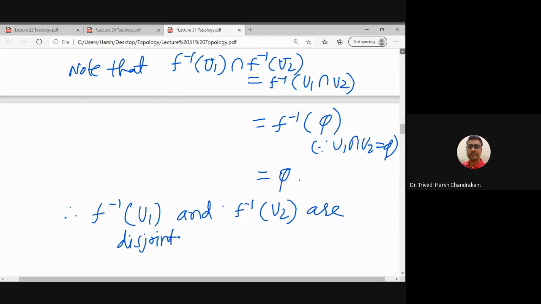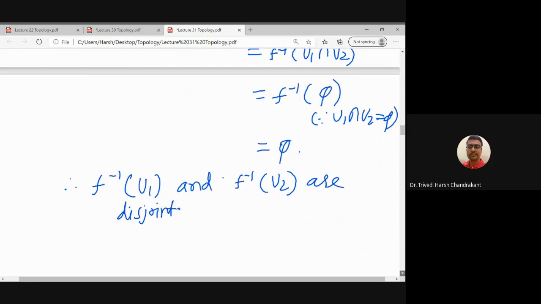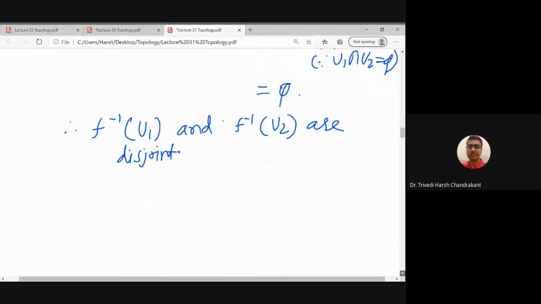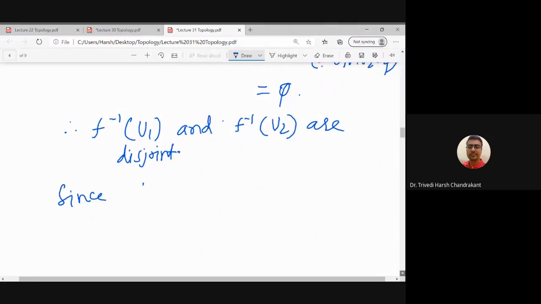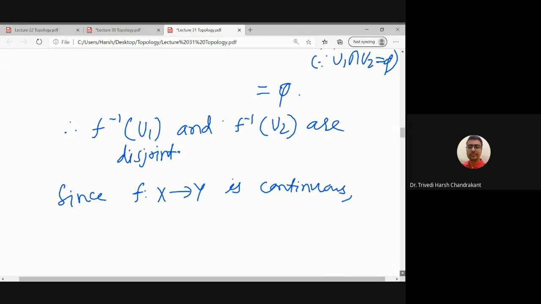and U1 and U2 are subspaces of f(X), right? And f is continuous. So inverse image of an open set is open if f is continuous, right? So since f from X to Y is continuous, f from X to f(X) by restricting the range is also continuous.